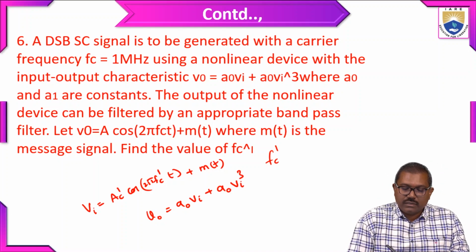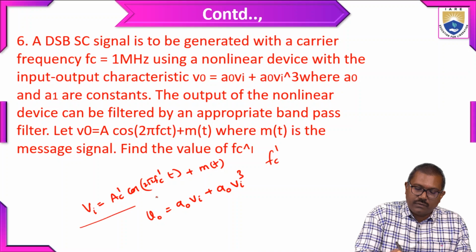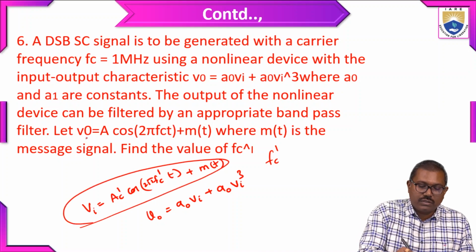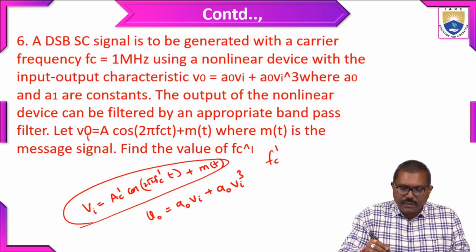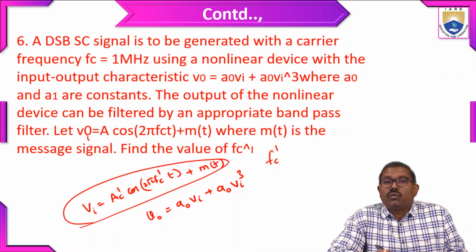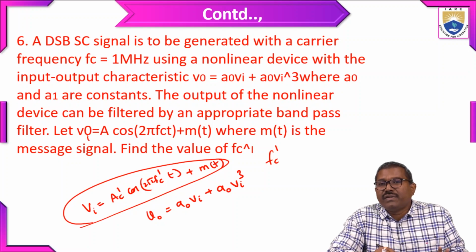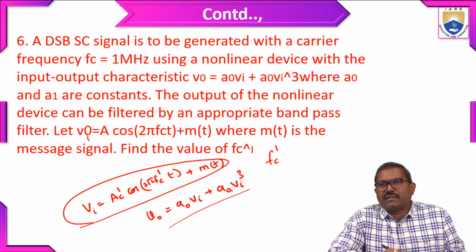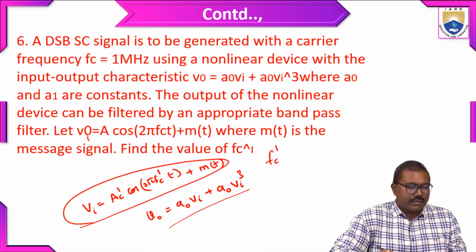Here they give Vi. Mistake, this is Vi. So we are going to substitute in this equation. V0 is equal to a0 Vi plus a1 Vi cube. Okay.